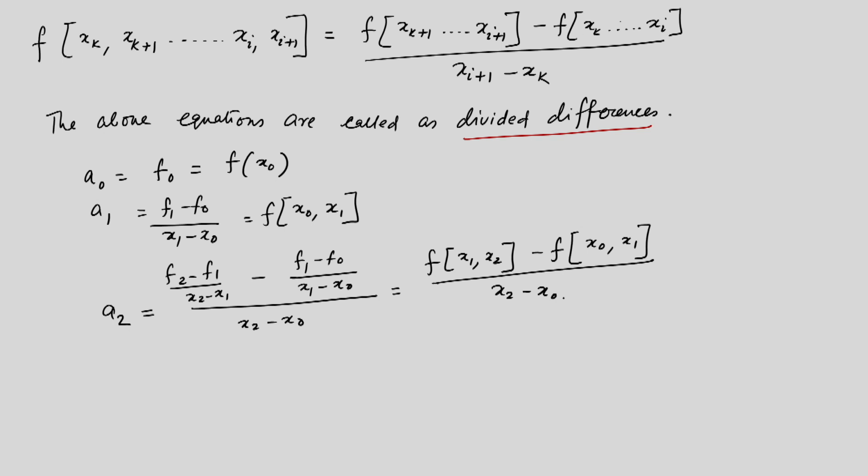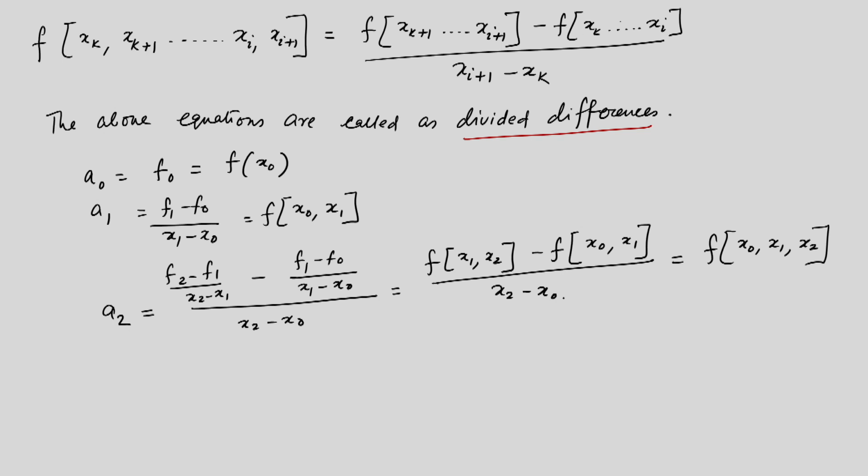So, if I want x 3 also to be included, I can write down f of x 0, x 1, x 2, x 3 by simply incorporating the divided difference in this particular fashion.